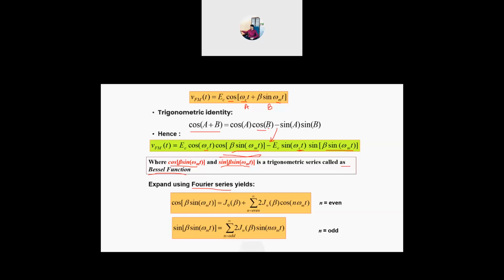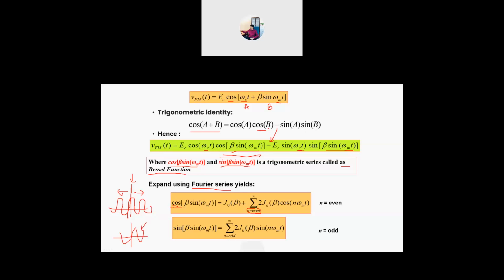Cos(beta sin omega m t) equals J naught of beta and so on. Because cos is an even signal, as you learned in signal and system: if we place a mirror here, it looks similar, so it is even. And sine is actually an odd signal, I think you know as well, because it is like this.